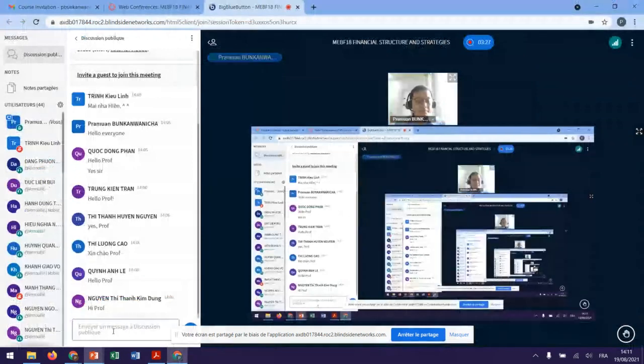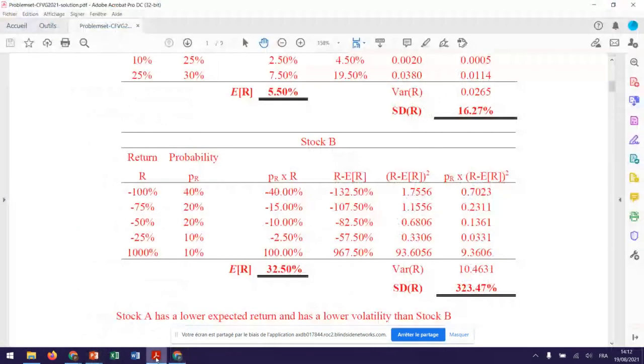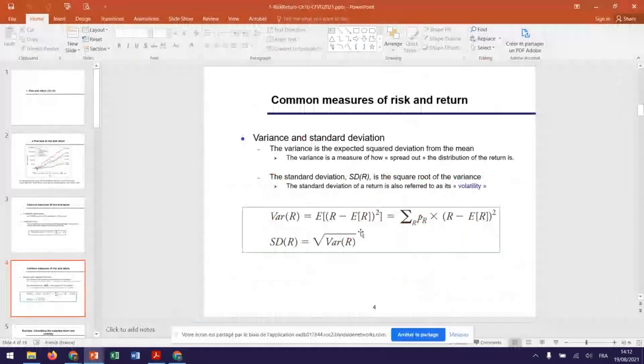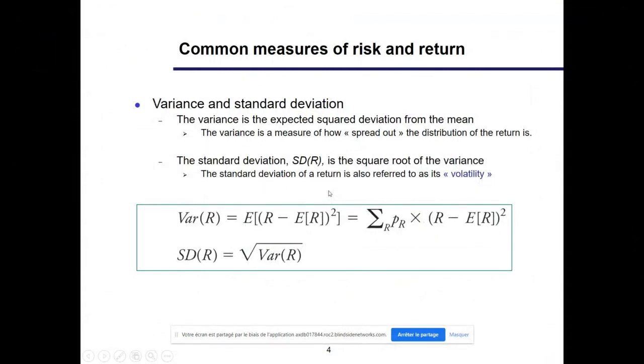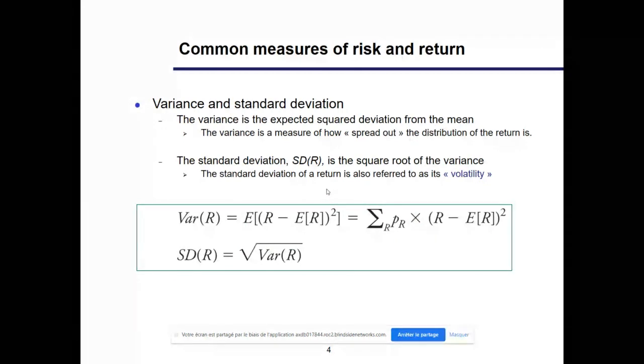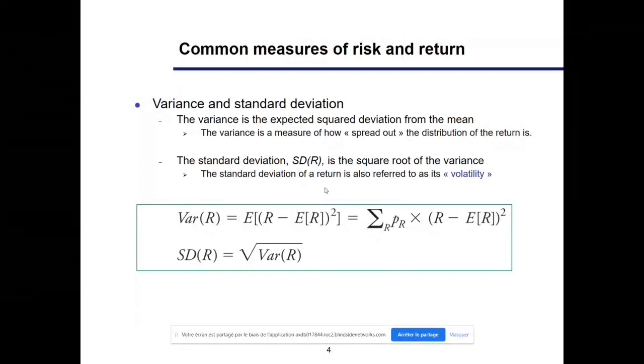Okay, so once you have that volatility to measure return, we should be able to describe the characteristics of a stock in the form of expected return and its volatility, which is the form of risk and return. And this particular risk measure is a proxy for the total risk.